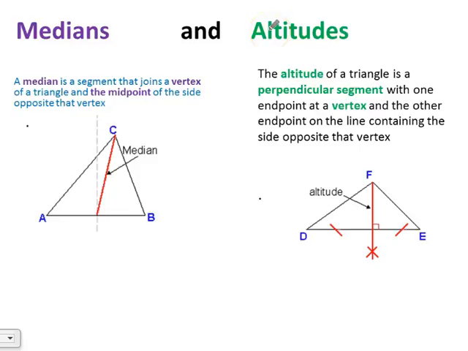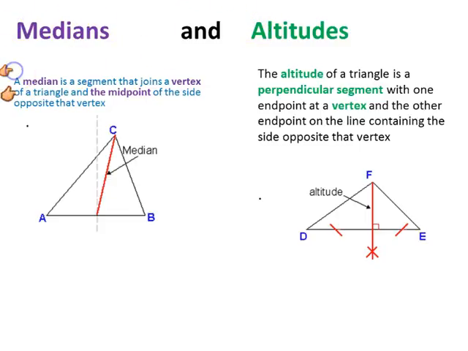Let's jump in and talk about some different segments that we find in triangles. Really what we're focusing on this week is the different segments that we can find within triangles. Two of those segments are medians and altitudes. So let's first start talking about medians and altitudes.